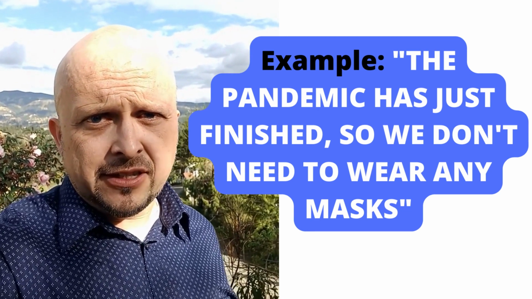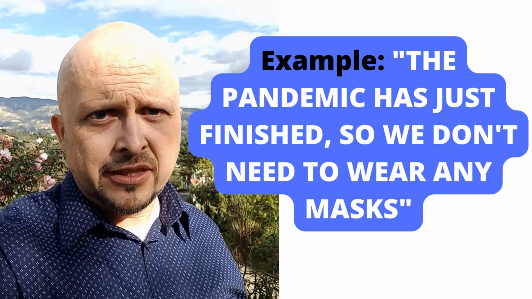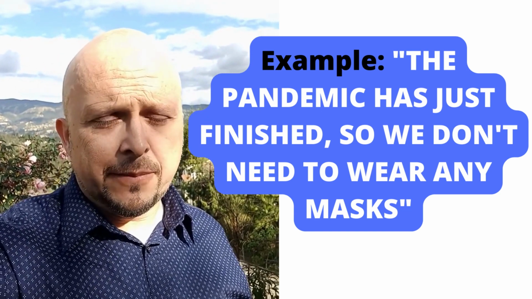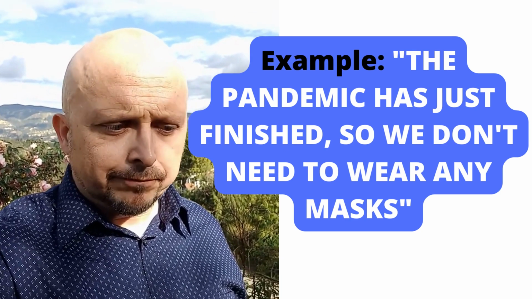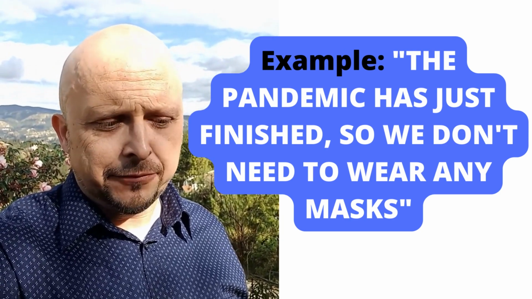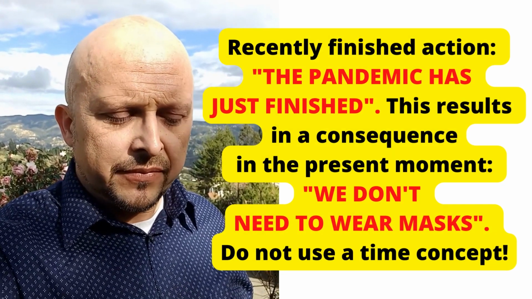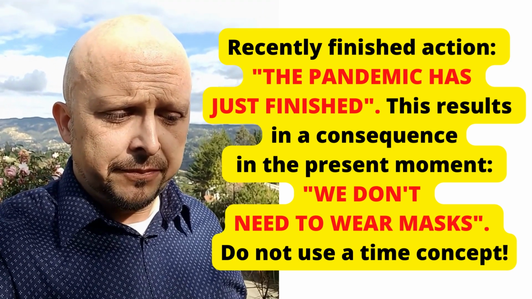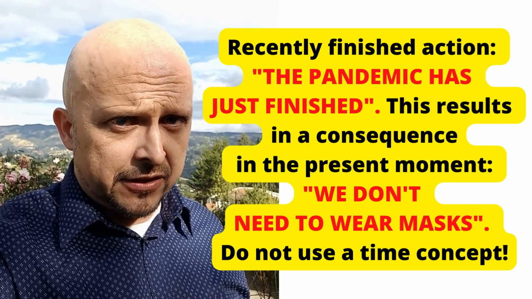I'm actually recording this in December 2022. Some people say the pandemic has finished, some people don't. But anyway, I'm assuming it has at this stage. Hopefully it has finished. So in my sentence, the recently finished action is the pandemic has just finished.